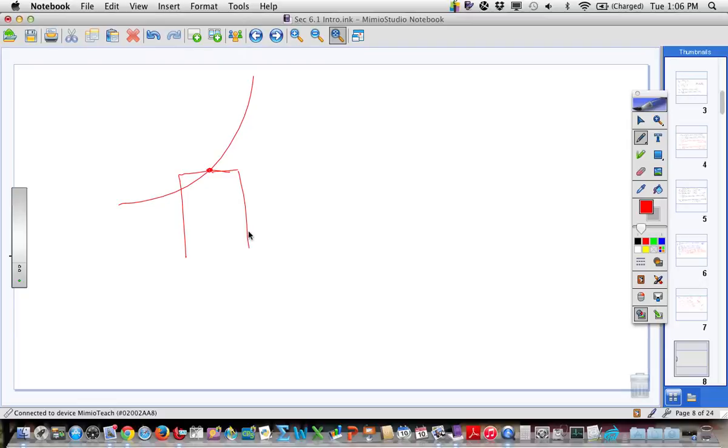But here's a really cool way to see it. We're going to think of a midpoint rectangle. Here's a midpoint rectangle. I'm going to take this top piece right here, and I'm going to pivot it like this. Now, tell me what you think about this blue area compared to this red area.